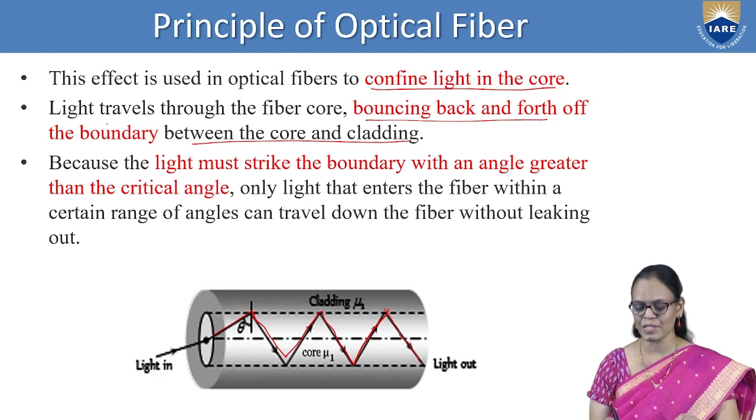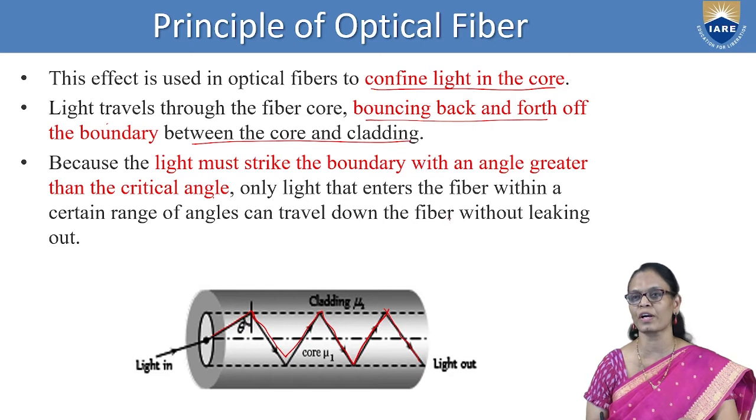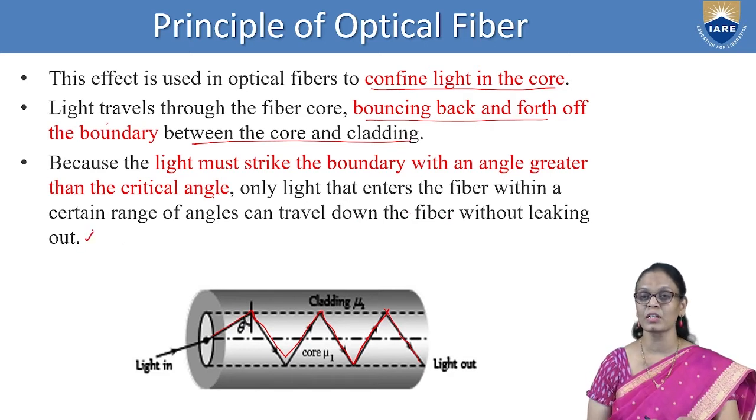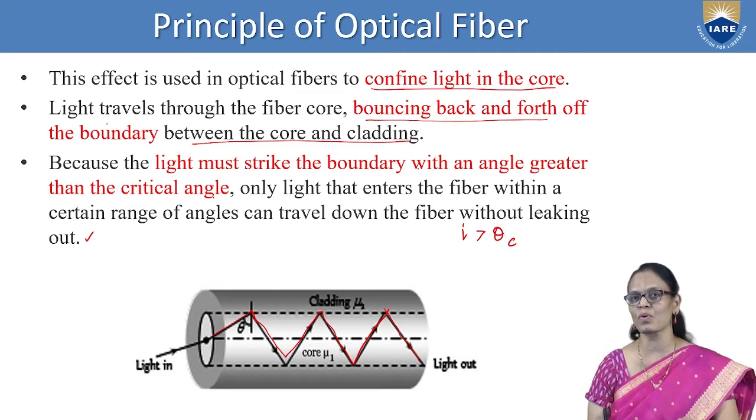Because the light must strike the boundary with an angle greater than the critical angle, only light that enters the fiber within a certain range of angles can travel through the fiber without leaking out. That is what we are talking about, the condition of i greater than theta c. So only those light rays that are striking the boundary at an angle i greater than theta c are able to travel through the core, and the rest are leaked out.